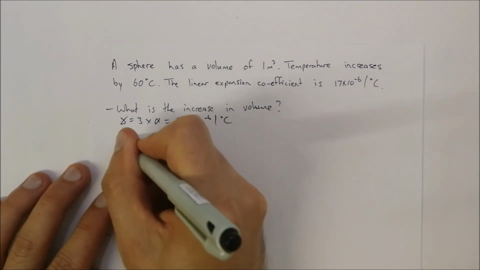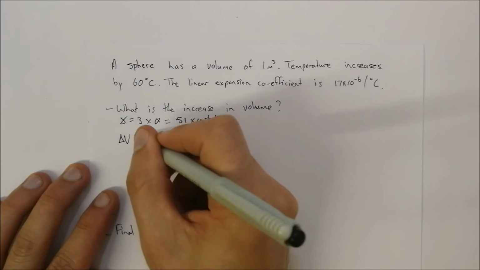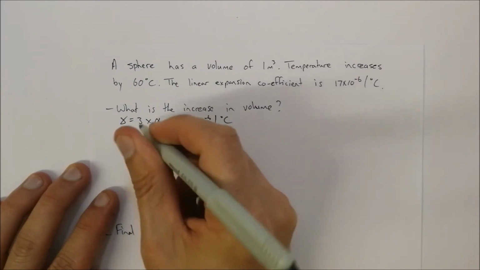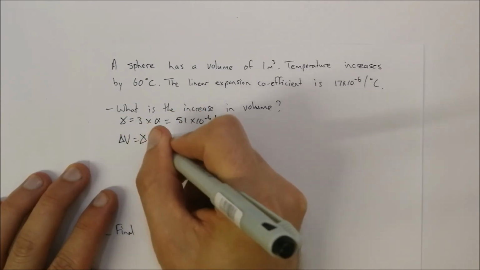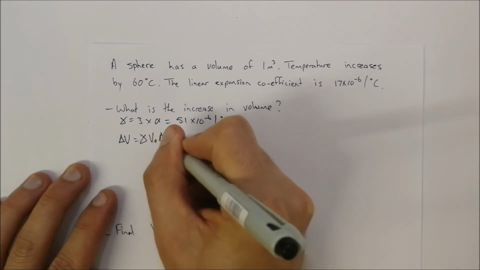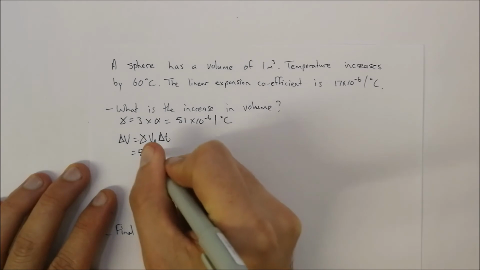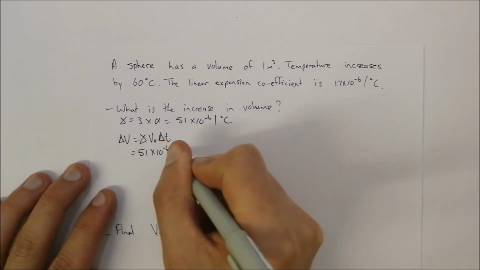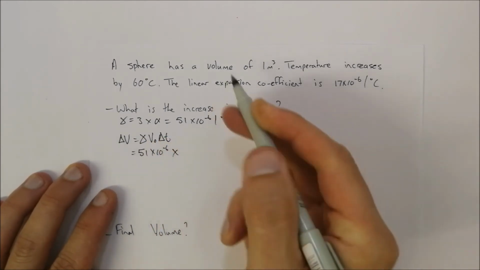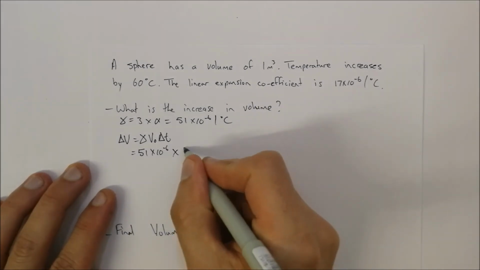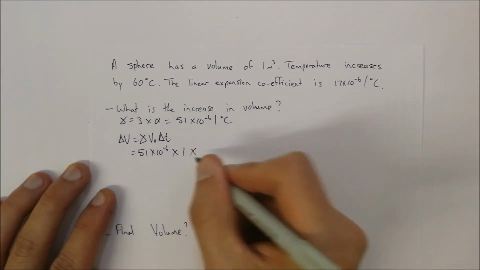So therefore, the change in volume, delta V, is equal to gamma times original volume times delta T. That is equal to 51 times 10 to the minus 6, multiplied by the original volume, which is 1 cubic meter, multiplied by 60.